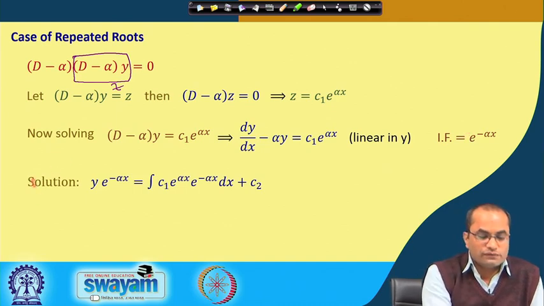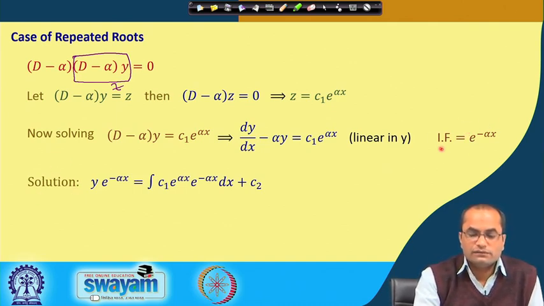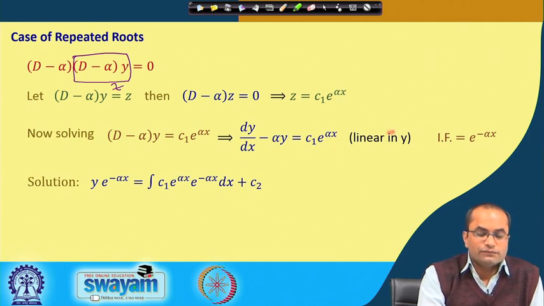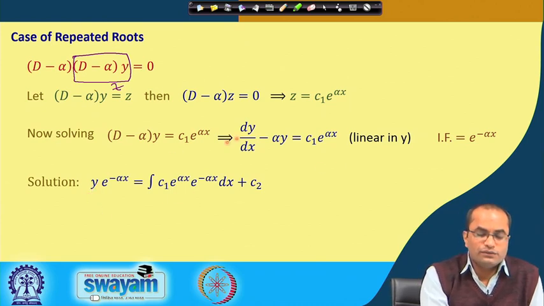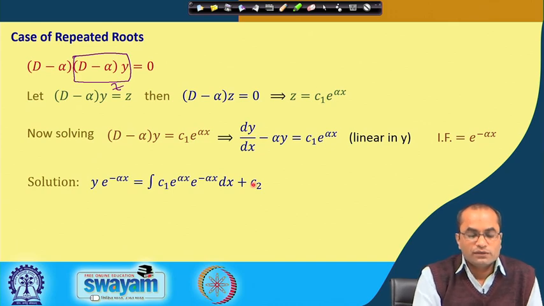The solution of this differential equation, because it is a linear equation, as we have already discussed in the last lecture, is y into the integrating factor e power minus alpha x equal to the integral of c 1 e power alpha x multiplied by the integrating factor e power minus alpha x, dx, plus c 2.